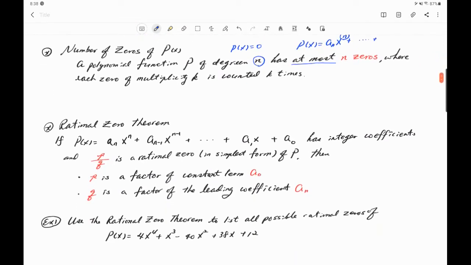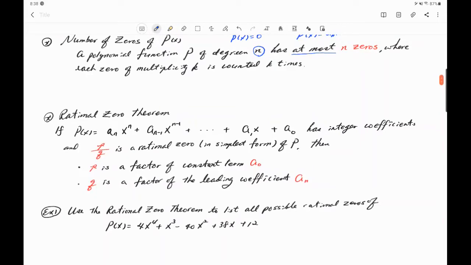All right, and then the next one is a really important and very useful theorem, the rational zero theorem. Rational means a fraction, right? So we want to find, if there are rational zeros, where the x-intercept or root is a rational number, a fraction, then the fraction comes from this p over q.